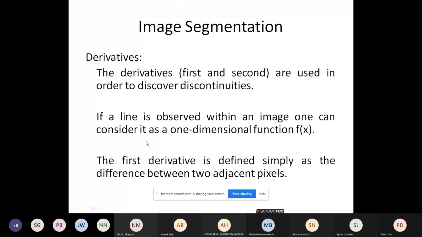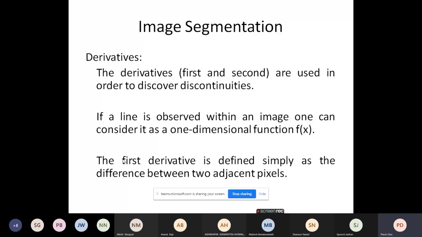If a line is observed within an image, one can consider it as a one-dimensional function f of x. So how do we deal with the first derivative? If you take the difference between two adjacent pixels, we call it the first derivative.